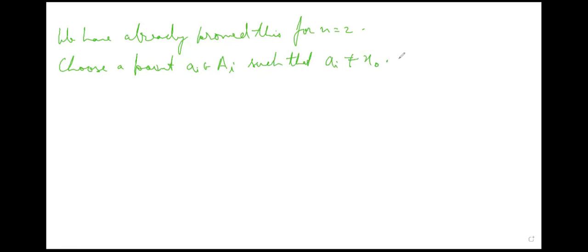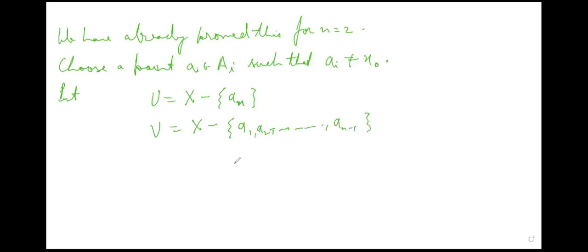Now put U equal to X minus an, and V equal to X minus a1, a2 and so on up to a(n minus 1).